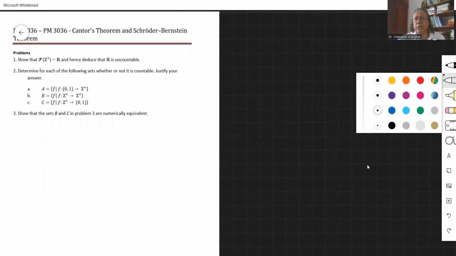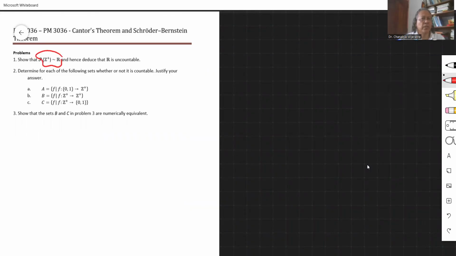So the first problem is that you need to show that the power set of the set of positive integers is equal to R. And then you can deduce that R is uncountable, because it's very easy to see that this is uncountable. There is no surjective function from Z plus into P of Z plus by Cantor's theorem.